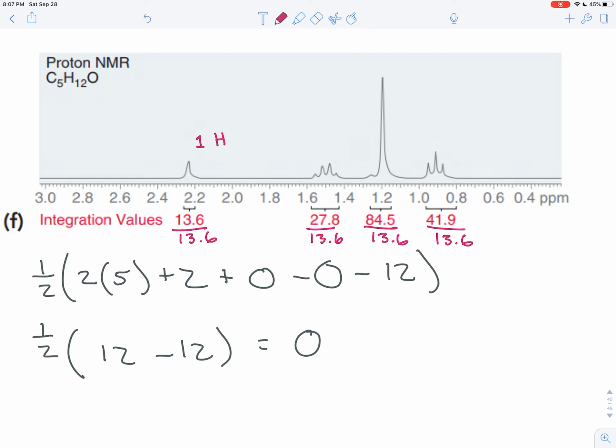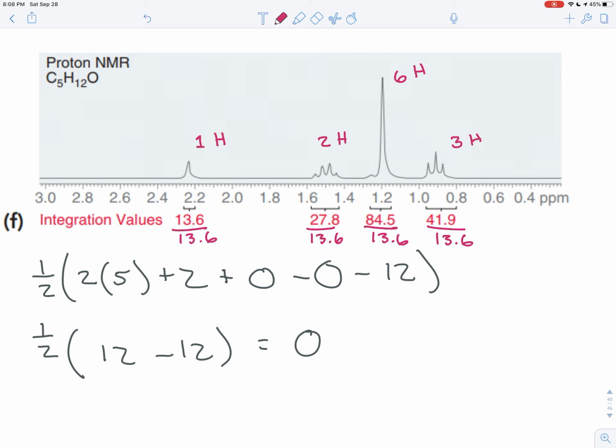So this has just 1 hydrogen, at least relatively. This one looks like it would have 2. This one, 84.5 divided by 13.6, that's around 6. And then that last one would be 3.